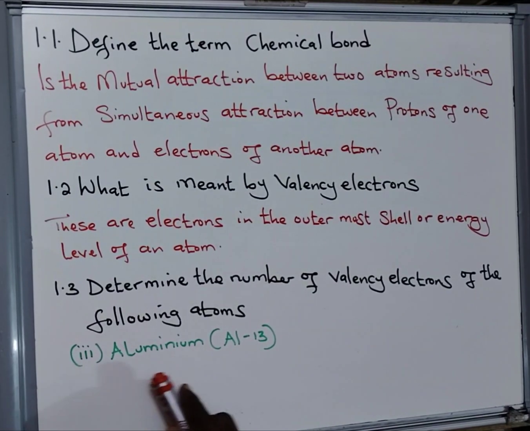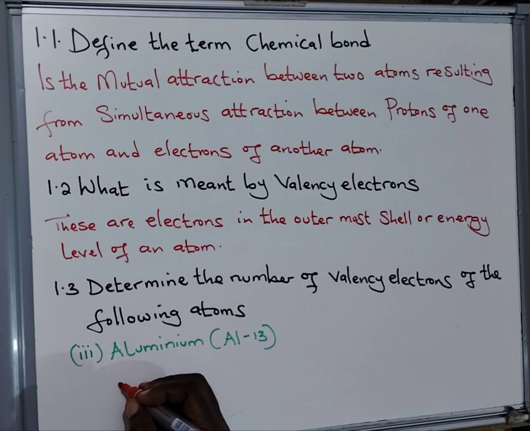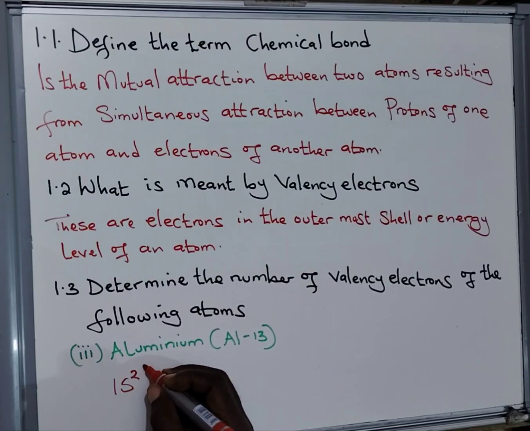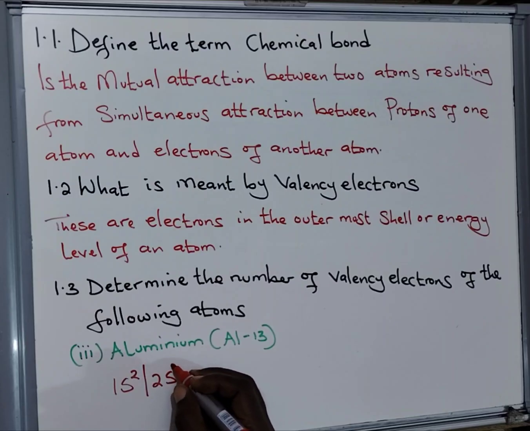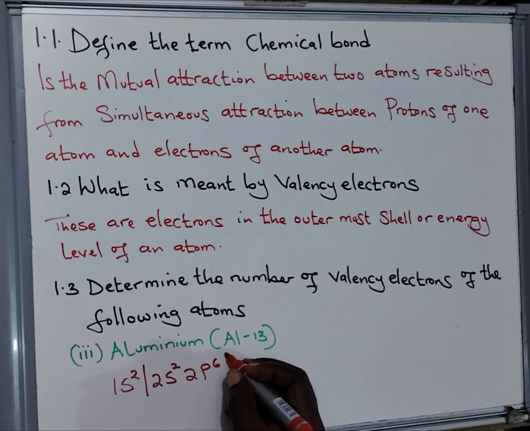Next is aluminium with atomic number 13. So what do we do? We have its electronic configuration. It's 1s, taking up a maximum of 2. Then shell 2 starts with 2s, maximum of 2. And the 2p takes a maximum of 6.